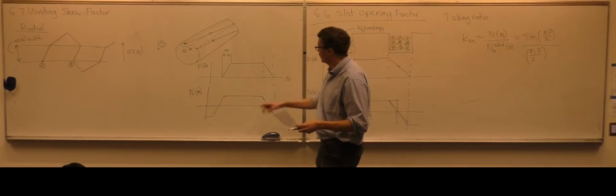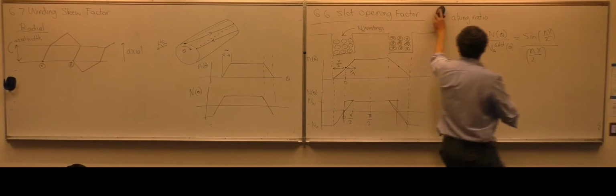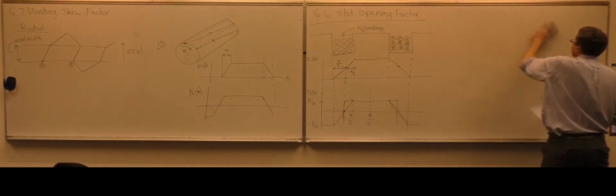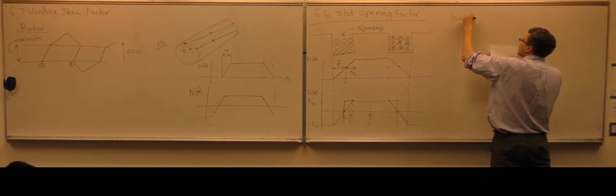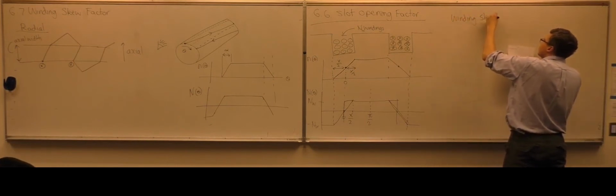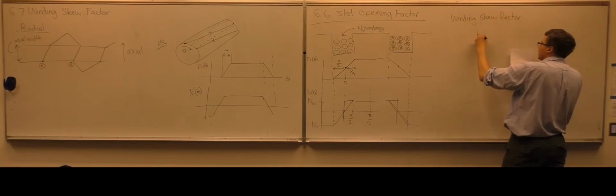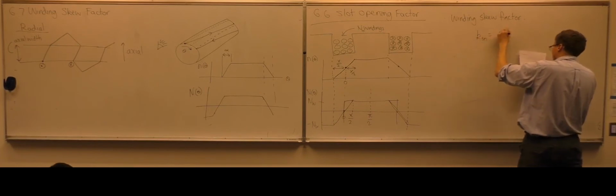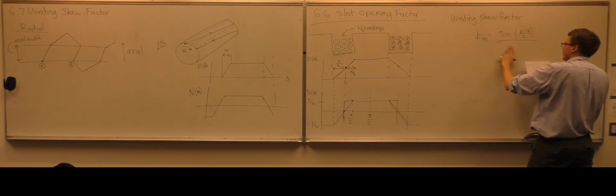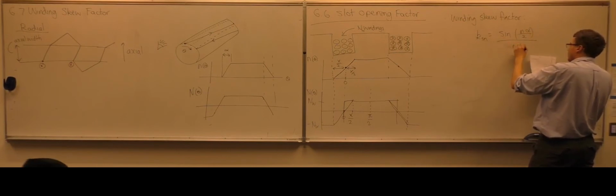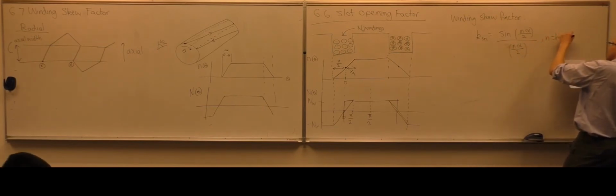So if there is skew, we could model that by using a skew factor. So winding skew factor, which is sine n alpha over 2 divided by n alpha over 2, where n is the harmonic.